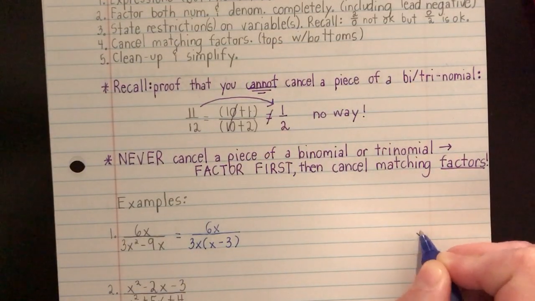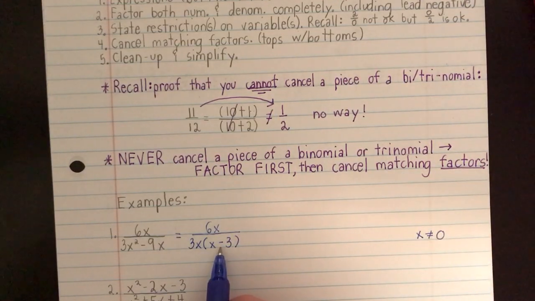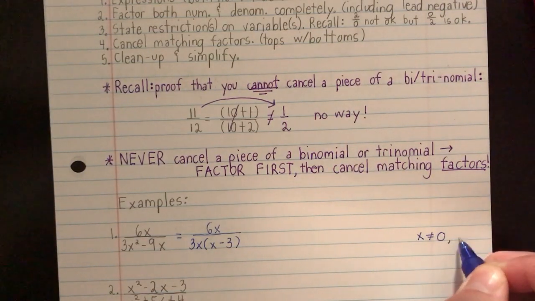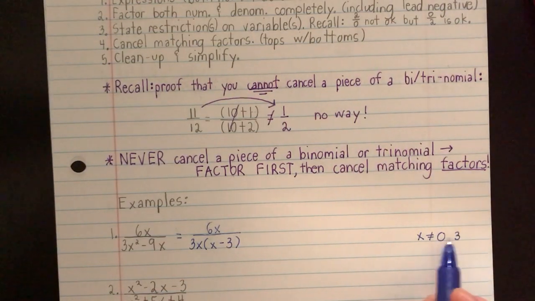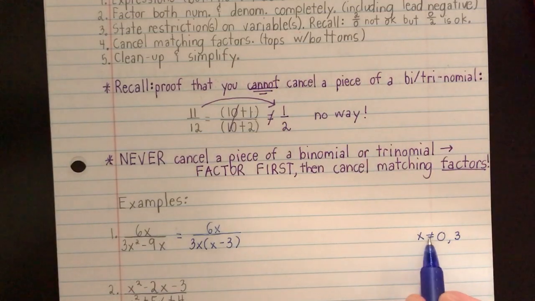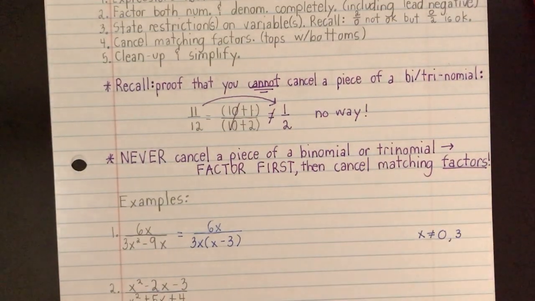So we have to say that x cannot equal 0. And if I set x minus 3 equal to 0 and solve, then I would add 3 to both sides and I would get x cannot equal 3. Those two values, when plugged in for x, would create 0 down in the denominator, not allowed. So we say x cannot equal 0, x cannot equal 3.